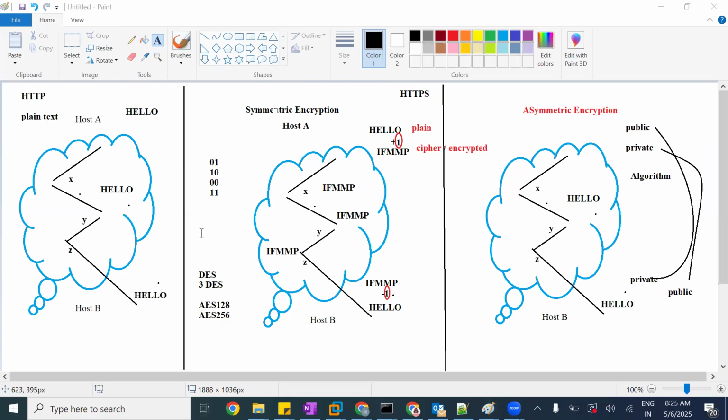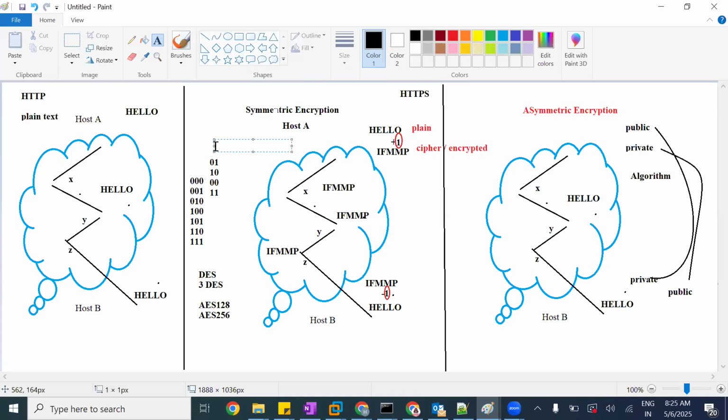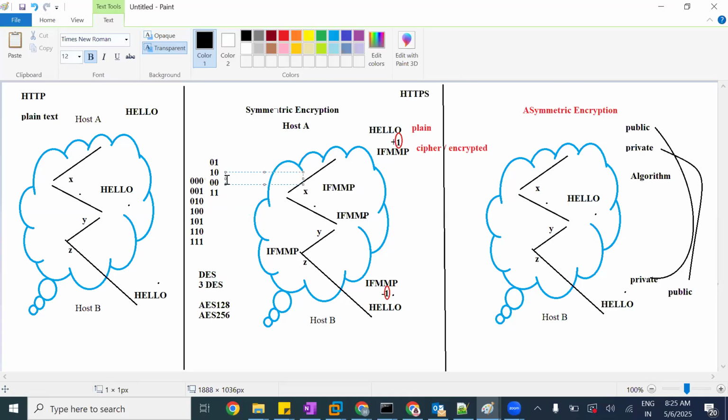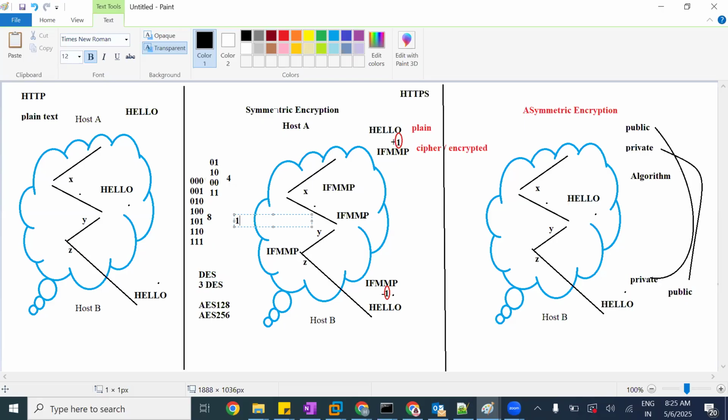If the key size is 3, how many combinations do you get? Total 8 combinations we get. If the key size is 4, how many combinations? Here 2 power 3 is 8, and if the key size is 4, 2 power 4 is 16.